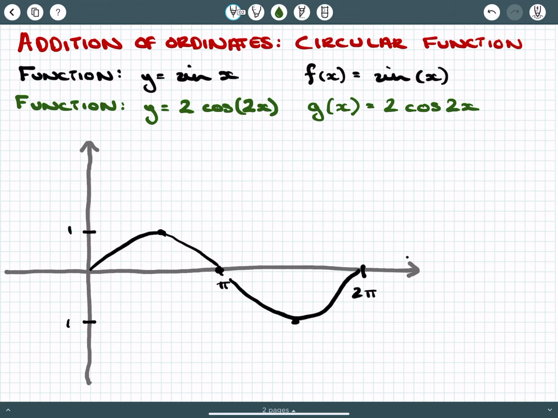Okay, but if we talk about a cos graph, the amplitude is different and the period is different here. So my period for the cos graph here, the amplitude is easy to find, is 2 pi on 2. Therefore, my period is pi.